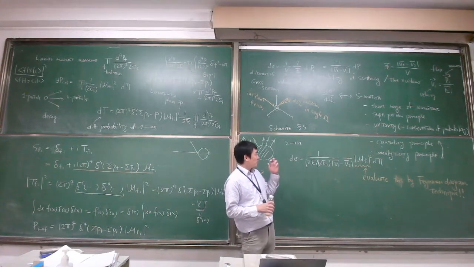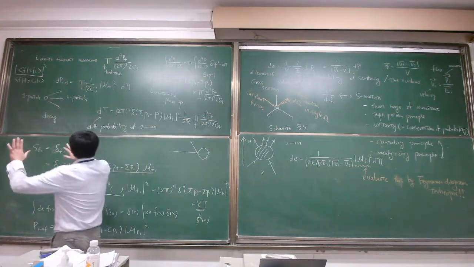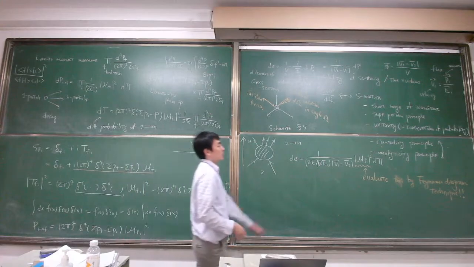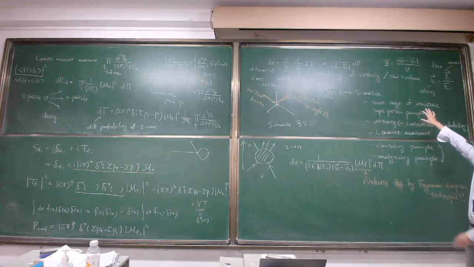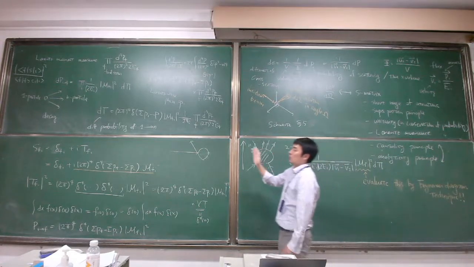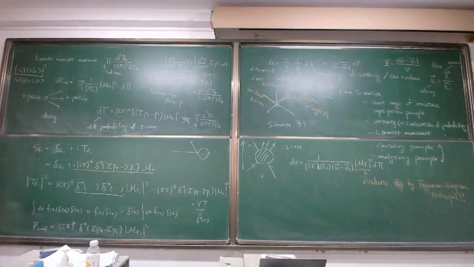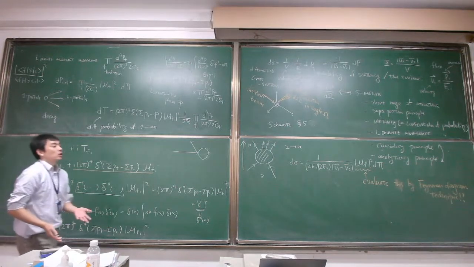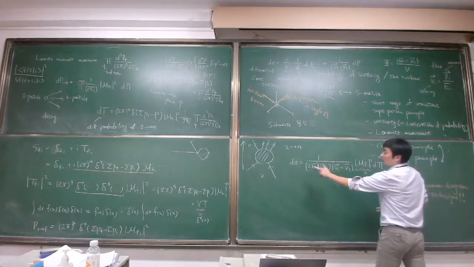As I mentioned, starting from this S-matrix theory, we assume unitarity, causality, Lorentz invariance, and so on. With these principles, we can separate the trivial interaction from the non-trivial interaction, and if you impose Lorentz invariance, we can relate the S matrix squared to the differential cross section.